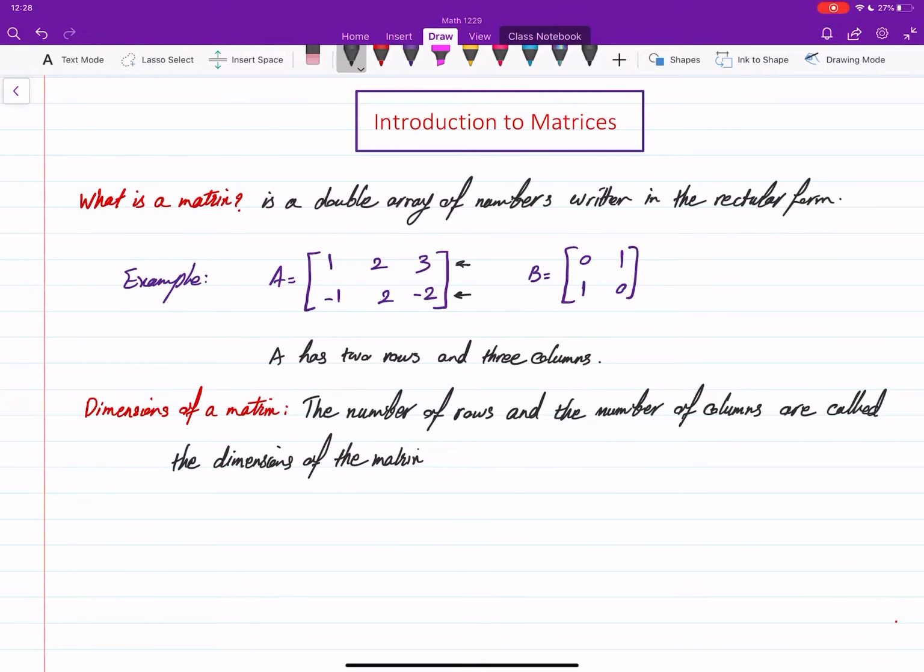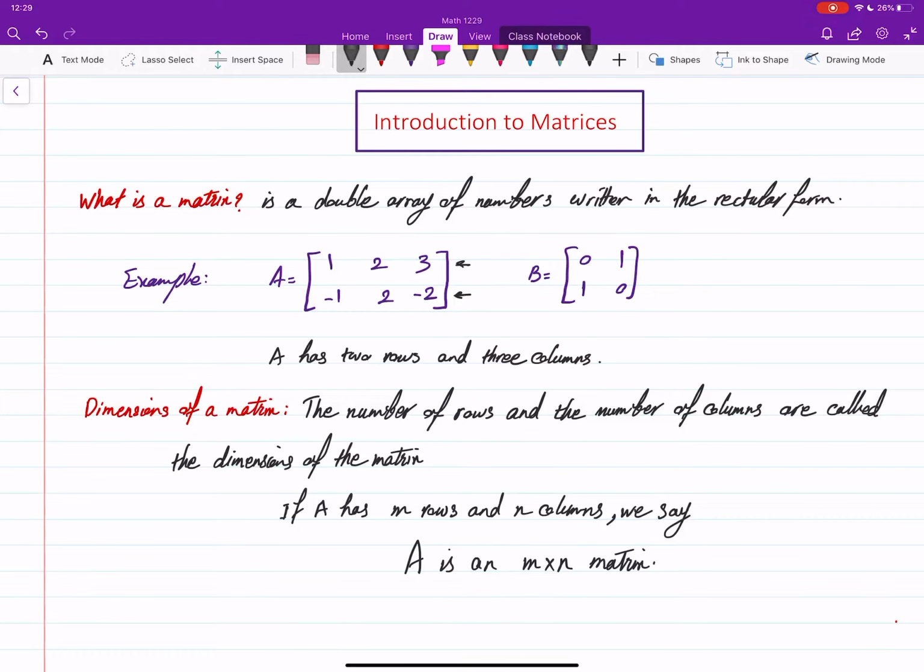And the way we write it, if A has m rows and n columns, we say A is an m by n matrix.